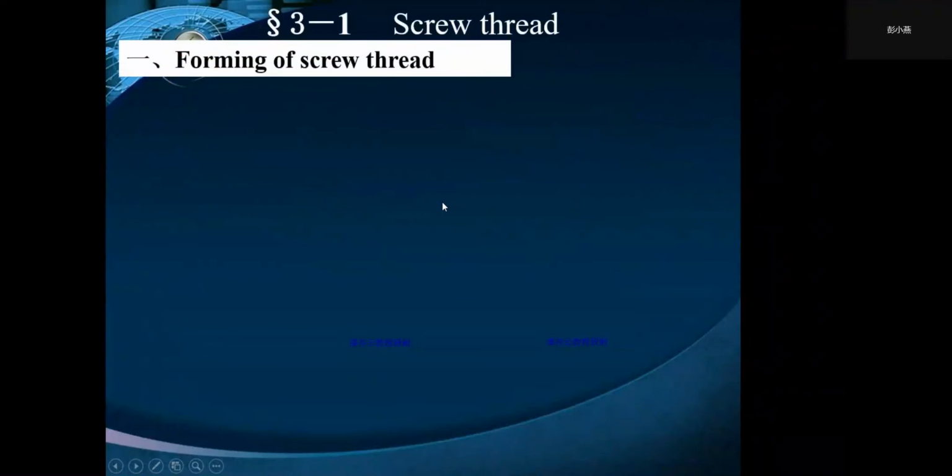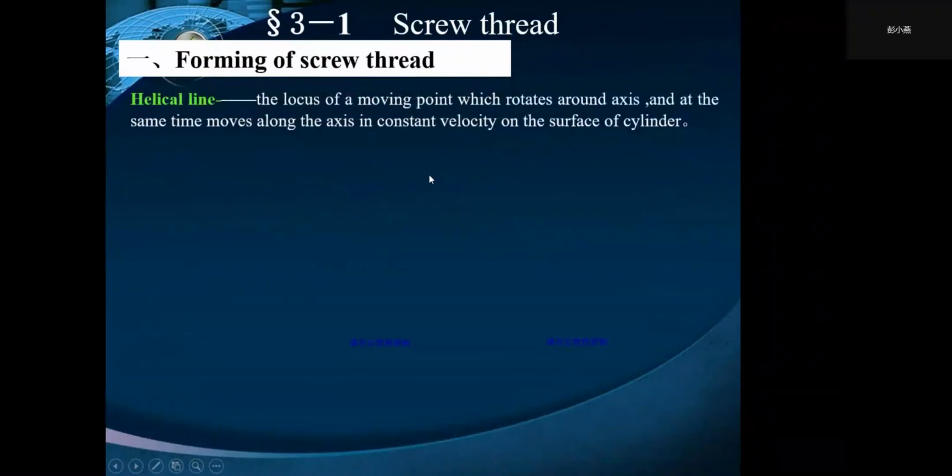The forming of screw thread. To understand the formation of threads, we must first take a brief look at the helical line.